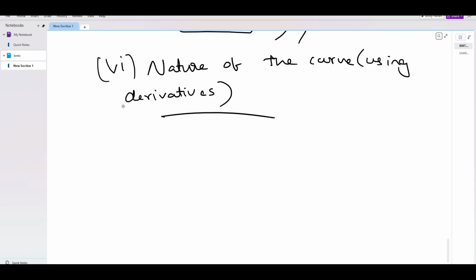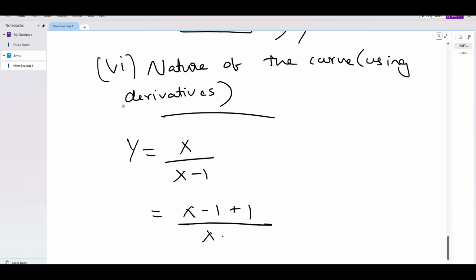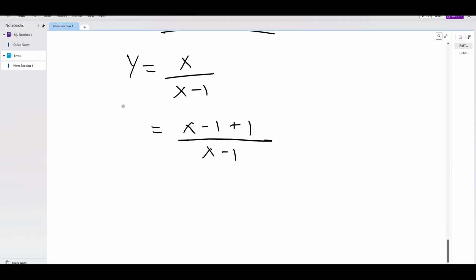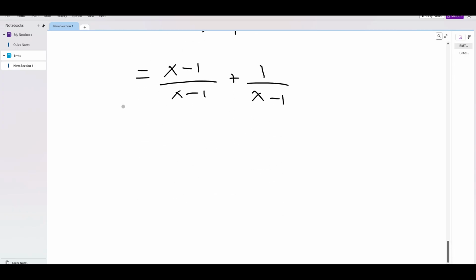The function is y is equal to x by x minus 1, which can be rewritten as x minus 1 plus 1 by x minus 1, which is again rewritten as 1 plus 1 by x minus 1.